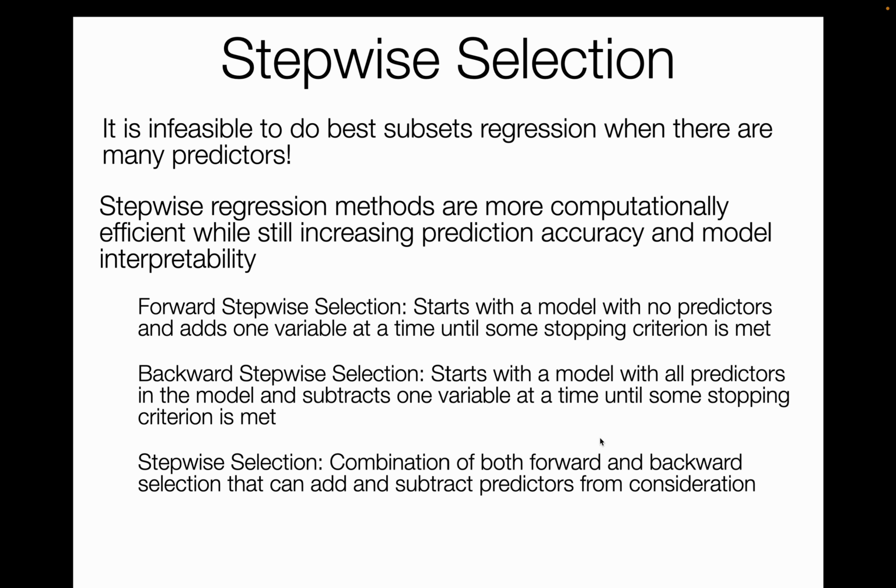So we have some sort of cutoff, and when that cutoff is hit, it stops. Backward takes the opposite approach: you start with all the predictors and take out a predictor one by one, again based on some criteria, and then you stop when you stop making noticeable increases or decreases in your criterion. And then stepwise is a combination of both that can both add and subtract predictors.